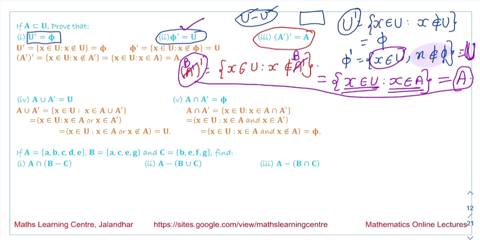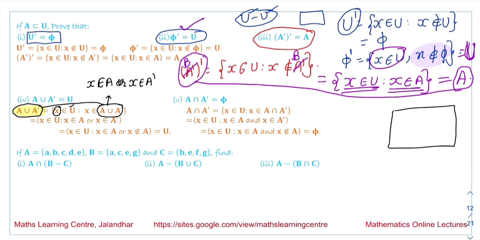Next we have to prove that A union A complement is equal to the universal set. So what is A union A complement? We are talking about all those x in the universal set. What is the definition of union? We are saying this x belongs to A union A dash. So the definition of this union is that x belongs to A or x belongs to A complement. And we know that if we look at the universal set, a set A is there.